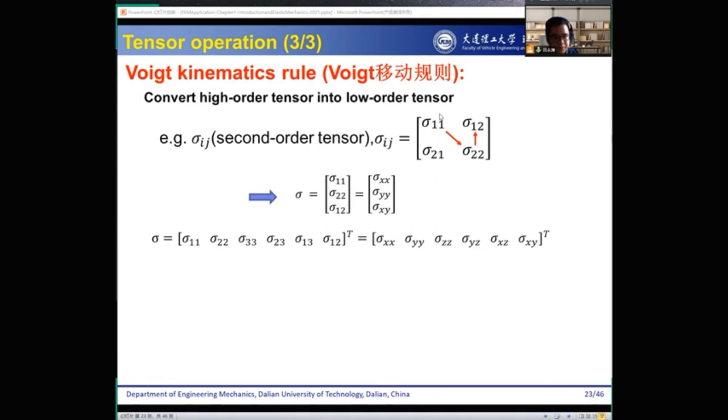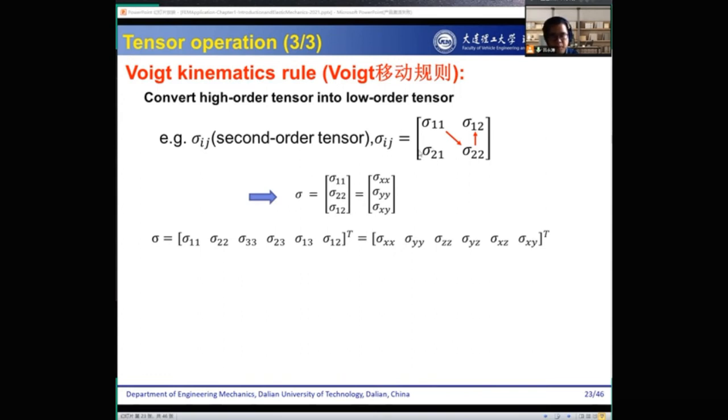If we write out i and j equal to 1 and 2, then we have this 2 times 2 matrix. So we can use the kinematic rule to convert this second order tensor into a lower order tensor, which means into a first order tensor.